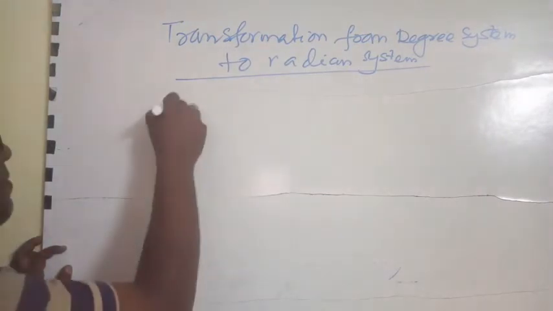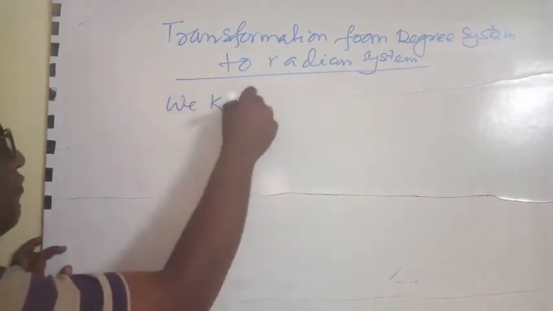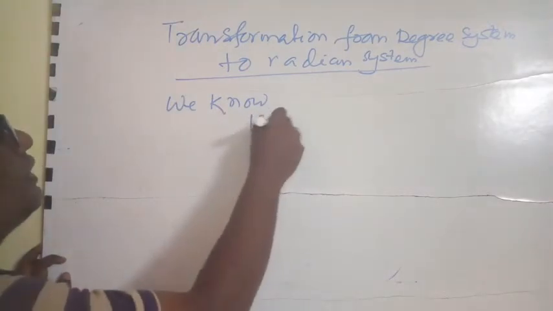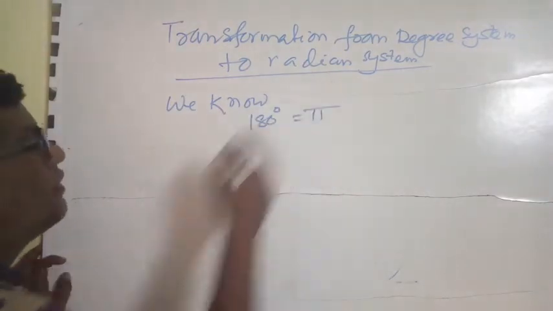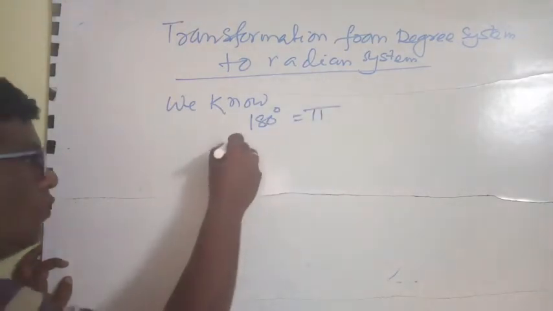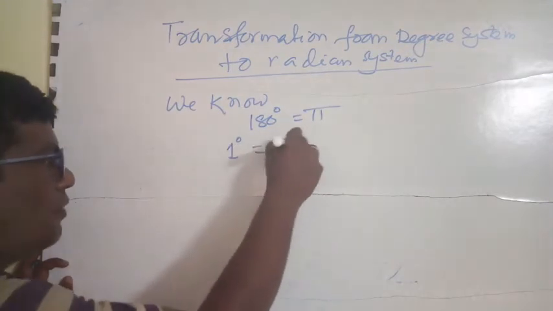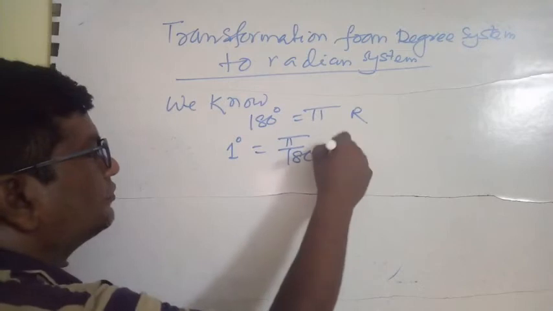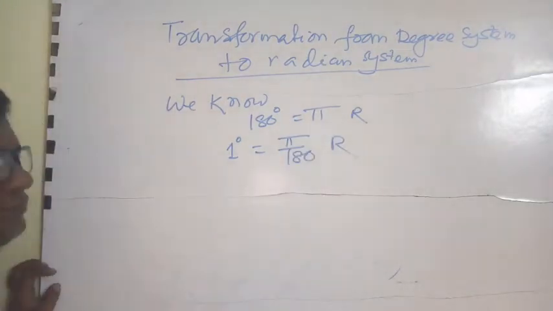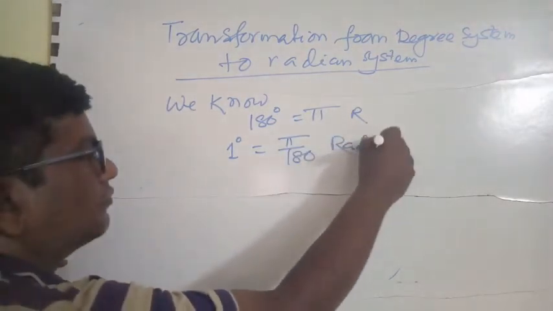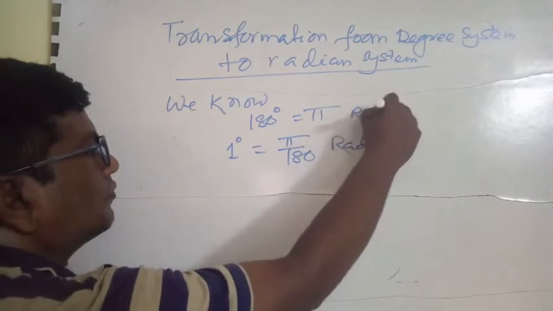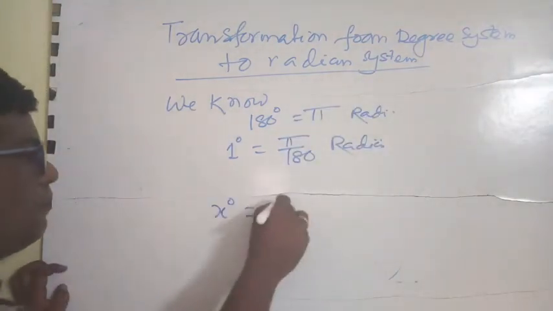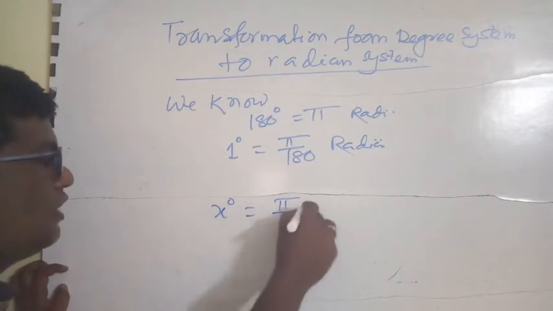We know 180 degree is equal to pi radian. 1 degree is equal to pi by 180 radian. x degree is equal to pi by 180 into x radian.